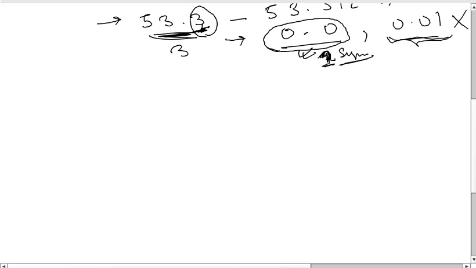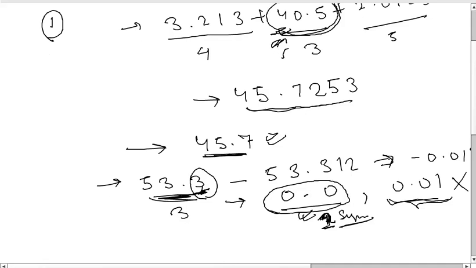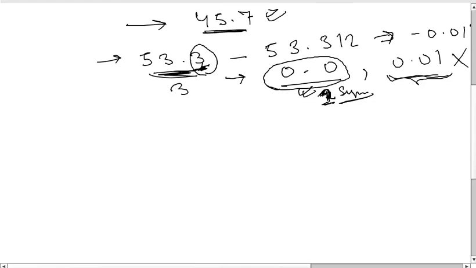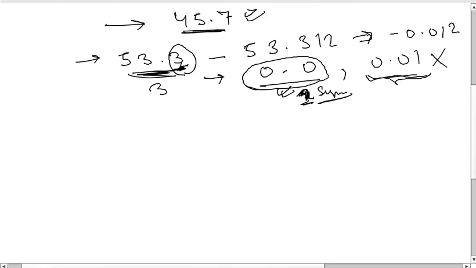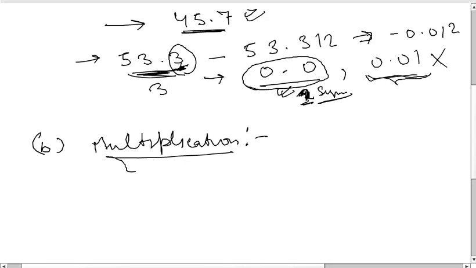Now let us discuss the next part, which is multiplication and division of the significant figures. Let us discuss multiplication. For example, if I multiply 4.08 into 16, this comes out to be 65.28.